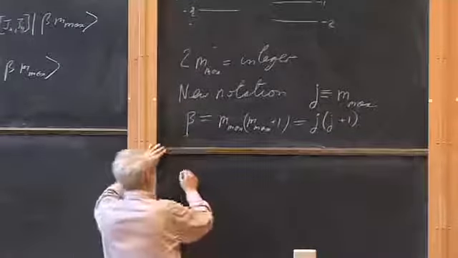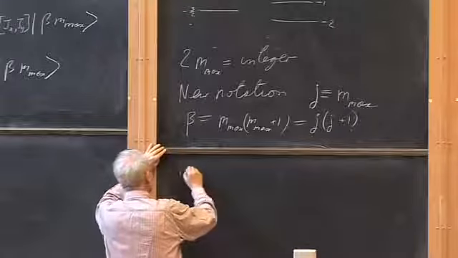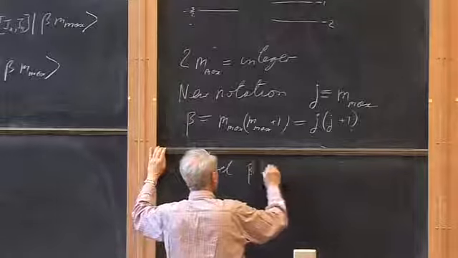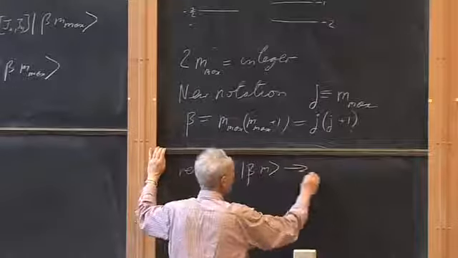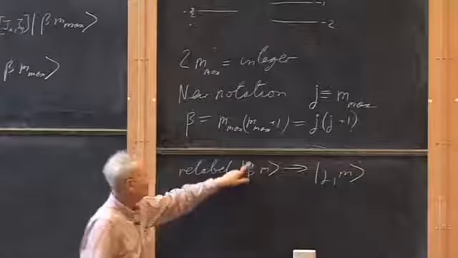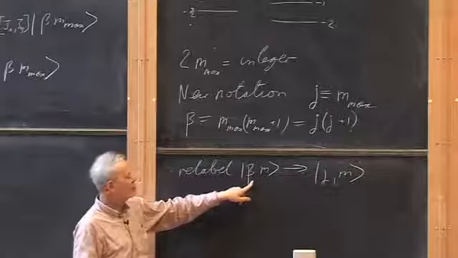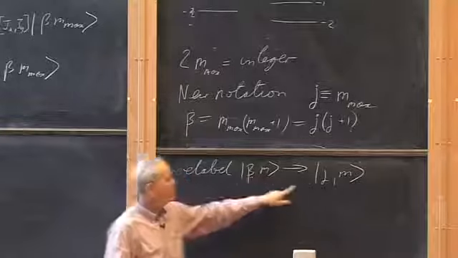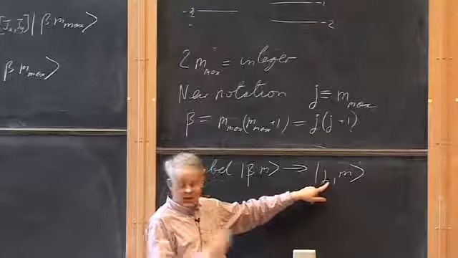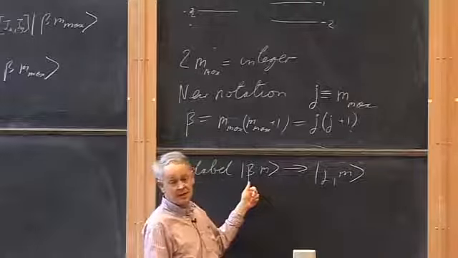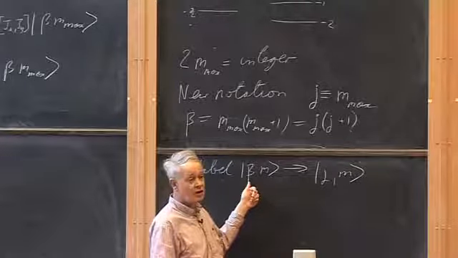So we relabel beta m to jm. Instead of using as the label in here that tells you how this state responds to j squared, instead of using the actual eigenvalue, you use this number, which is either an integer or a half integer, from which you can work out this eigenvalue, because this eigenvalue is j plus 1.